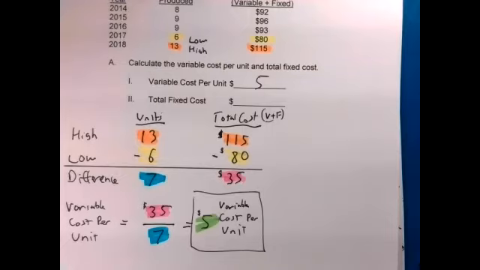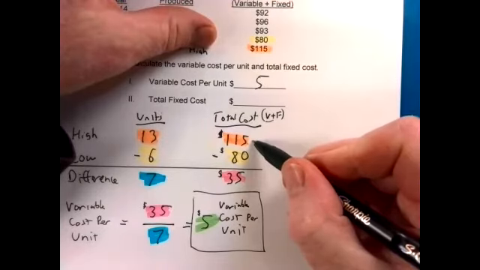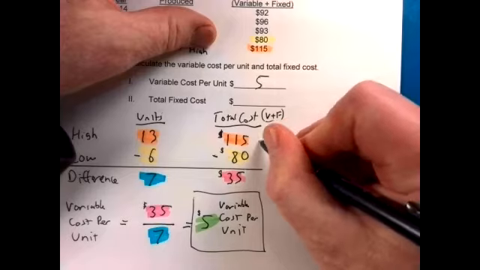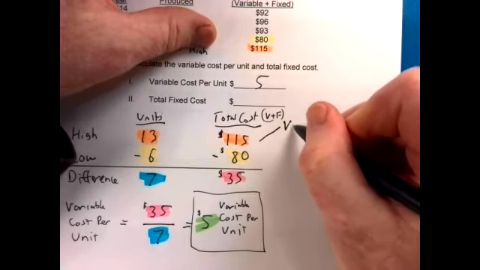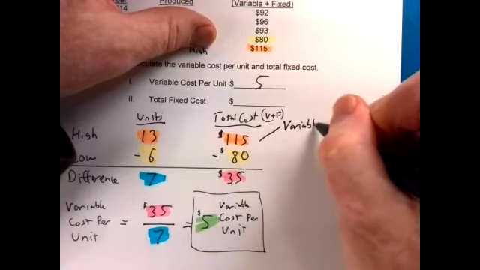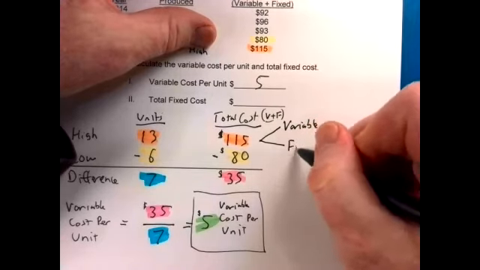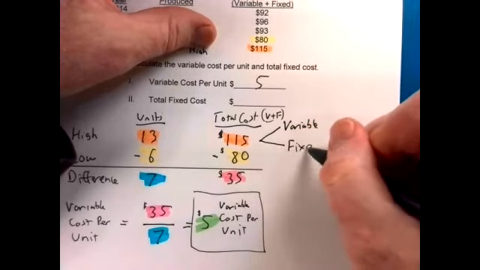Okay, now to find the fixed cost. Up here, this 115, some of this is variable and some of this is fixed. We're going to find the fixed cost, but we don't know that yet, but we do know the variable.